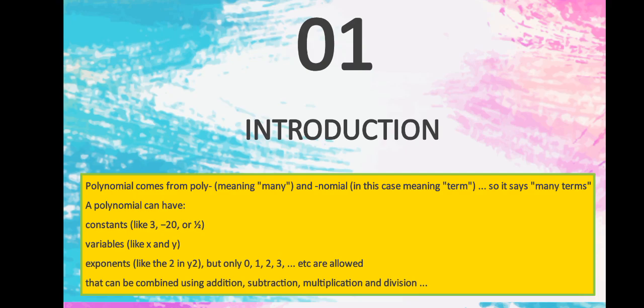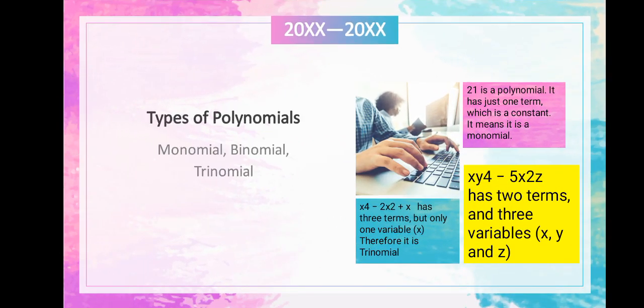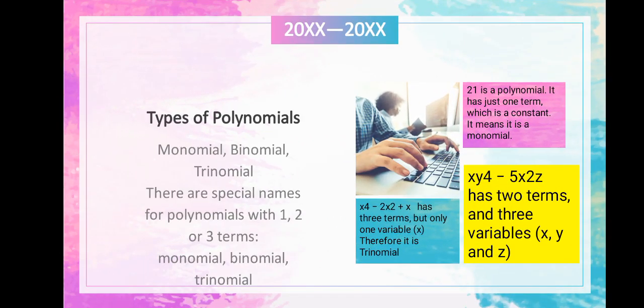There are several types of polynomials that depend on the number of terms. If our polynomial is like 5, 10, 21 or 5x, 6y, 7z, that is a monomial, meaning a polynomial with a single term.